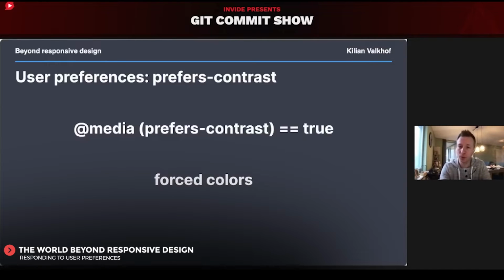And the reason they want to do this is that they want to provide a hook for multiple situations where a user would want reduced visual complexity in general, by making the valueless prefers contrast apply when forced colors is active as well. So what happens here is if you type at media prefers contrast without a value, it will match for less contrast, more contrast, and custom contrast.